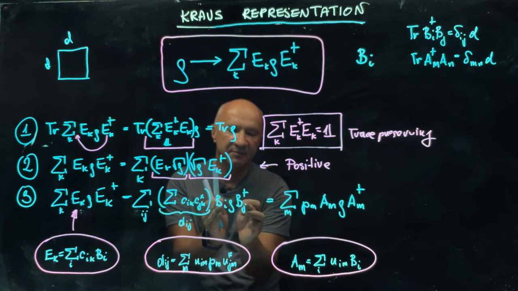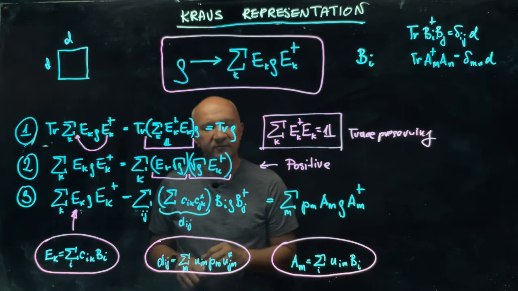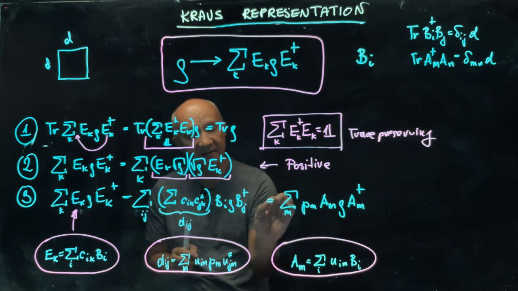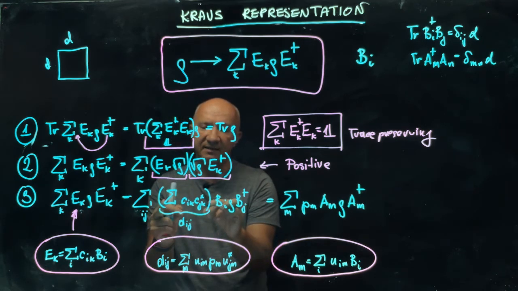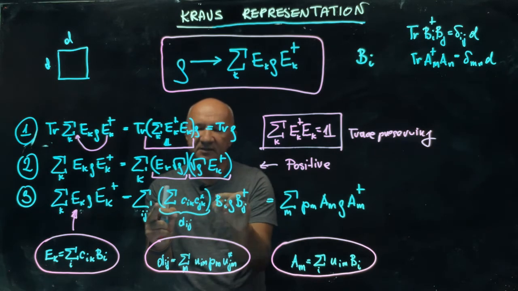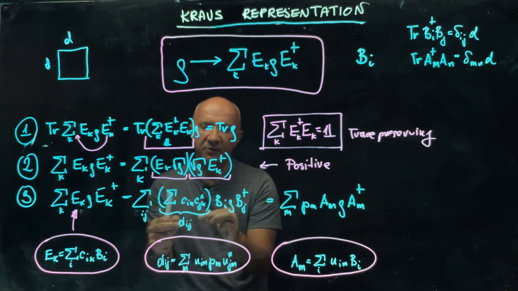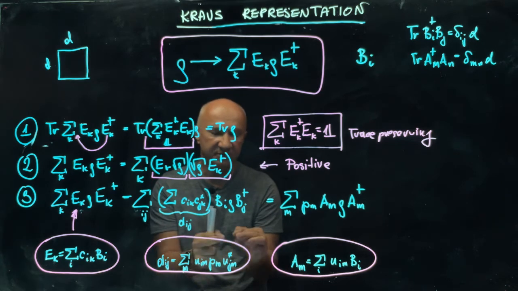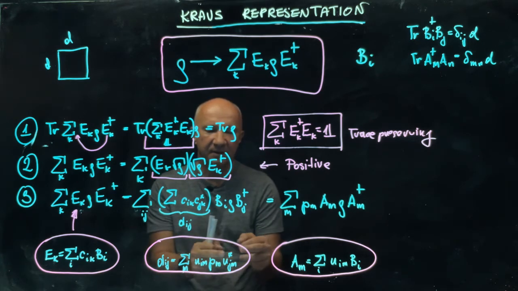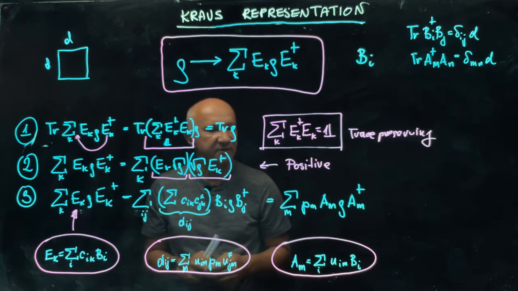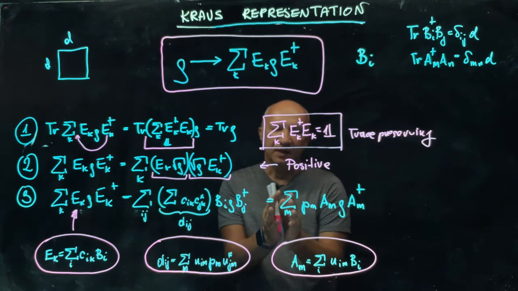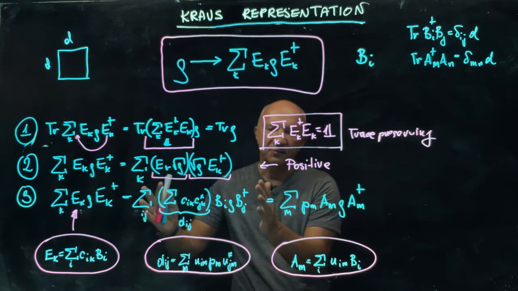So you would like to have the same index here, but it's easy to see that you can reduce it to the expression where you have the identical index, simply because if you look at this product here and treat it as a matrix, it's just a positive matrix that has a spectral decomposition. So you can write it as a product of the unitary matrix, the eigenvalue that is positive, times the Hermitian conjugate unitary matrix.